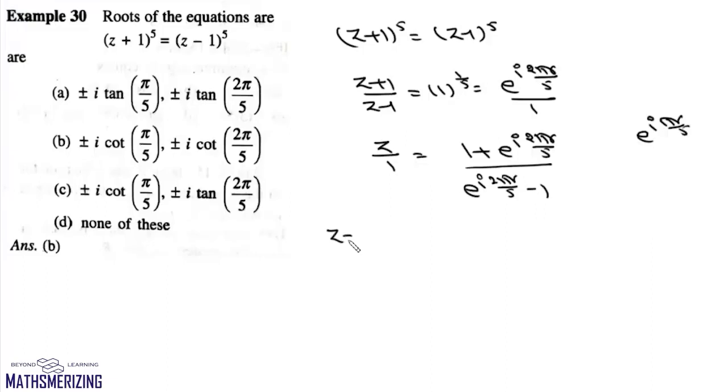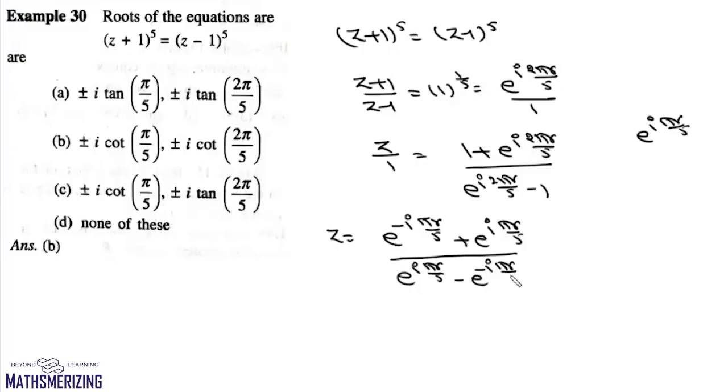So we'll get z as e to the power minus iota pi r by 5 plus e to the power iota pi r by 5 upon e to the power iota pi r by 5 minus e to the power minus iota pi r by 5. Now this numerator is nothing but 2 cos pi r by 5, and the denominator is 2 iota sine pi r by 5.